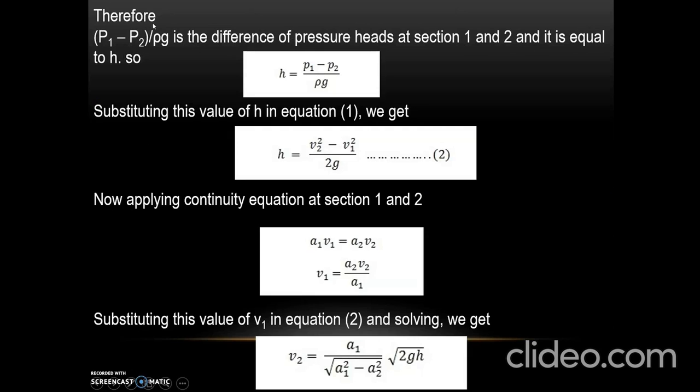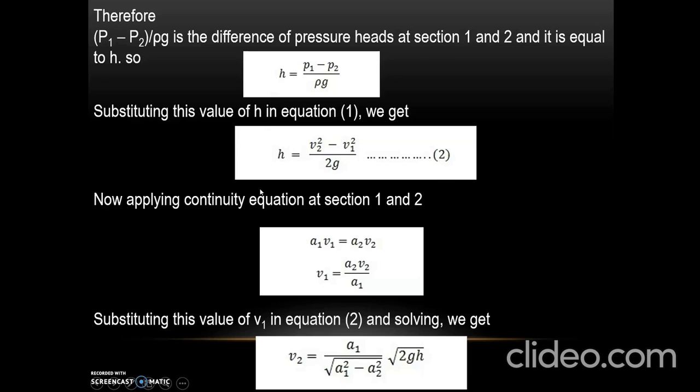P1 minus P2 divided by rho g is the difference of pressure head at section 1 and 2, and this can be written as H. So we replace P1 minus P2 by rho g in equation 1 by H. So we get H equal to V2 square minus V1 square divided by 2g. Let this be equation number 2.